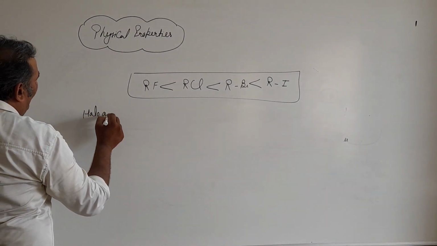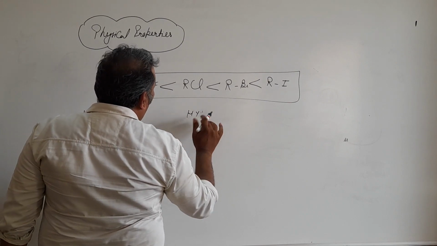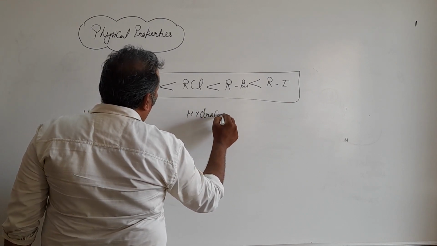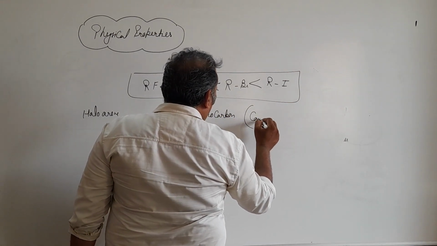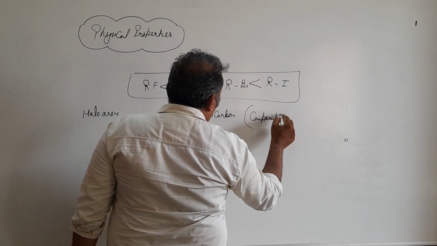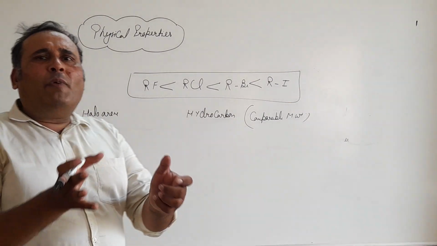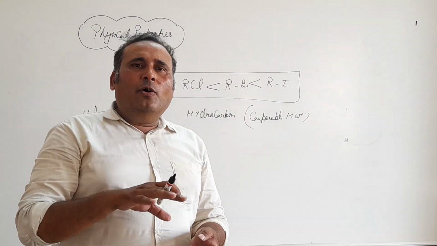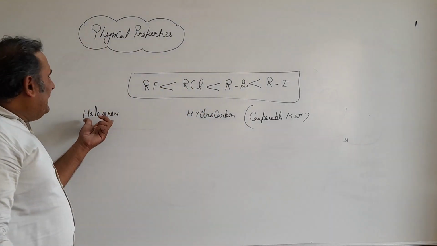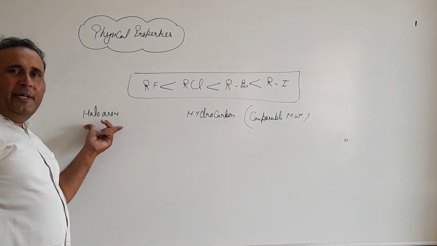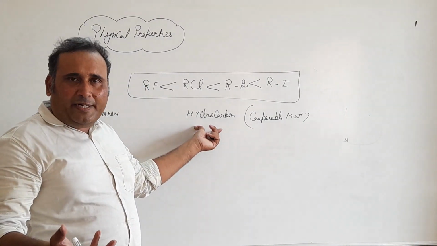If R is the same, and if we compare haloalkane with hydrocarbons of comparable molecular weight, means the molecular weight of hydrocarbon and haloalkane is almost the same. In haloalkanes dipole-dipole interaction is present, but in hydrocarbons van der Waals forces of attraction are present.